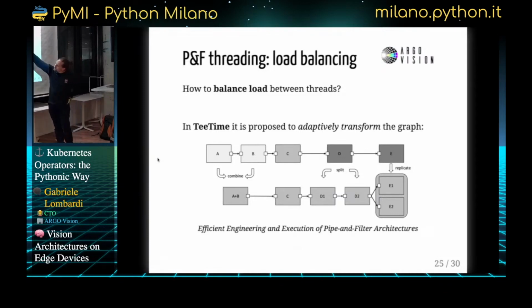In this paper, T-Time proposes many things, and one of those is to adaptively change the topology of our graph, combining those threads, those filters, let me say, that are too fast, or splitting those that are too slow, or balancing the load, replicating some filters. Okay, this is one possibility.